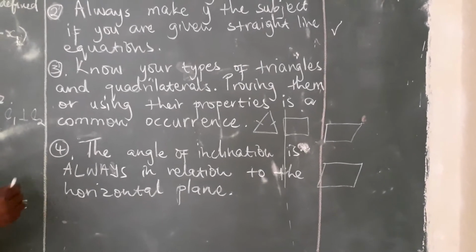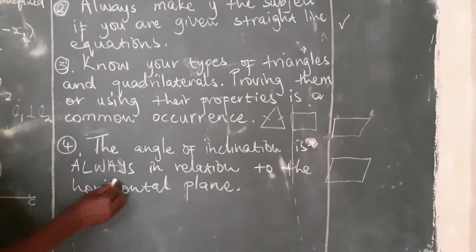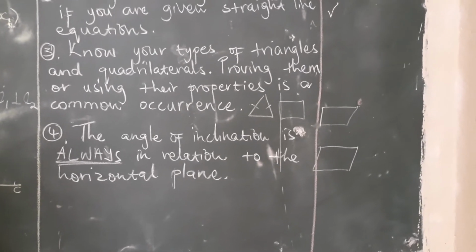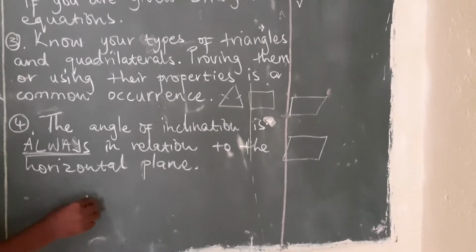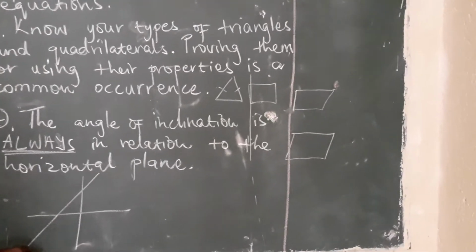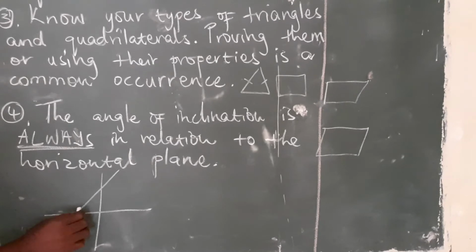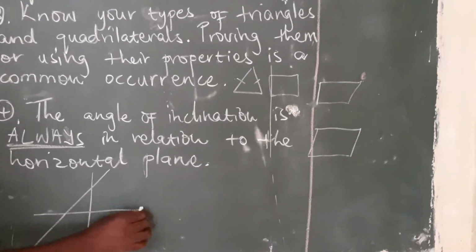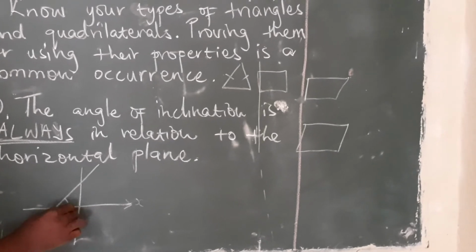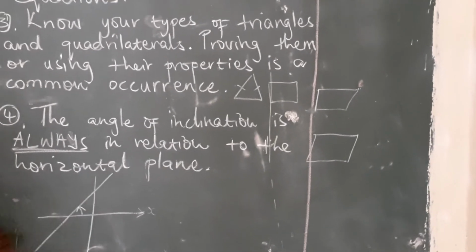Number 4, the angle of inclination is always in relation to the horizontal plane. What does it mean? It means that if I have this line, the angle of inclination must be in line with this horizontal plane, which means with the x-axis, the positive x-axis.